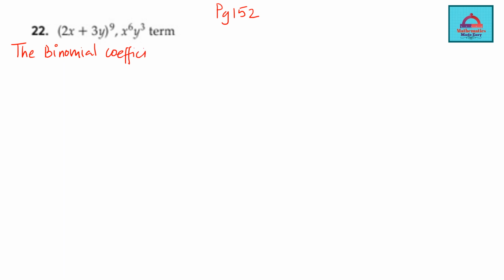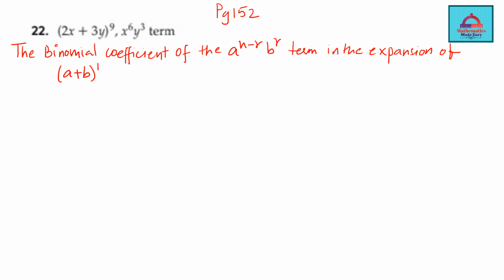coefficient of the term a to the power n minus r multiplied with b to the power r, this term in the binomial expansion of a plus b to the power n is given by the formula.